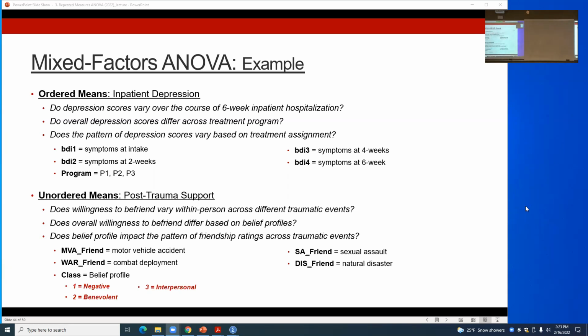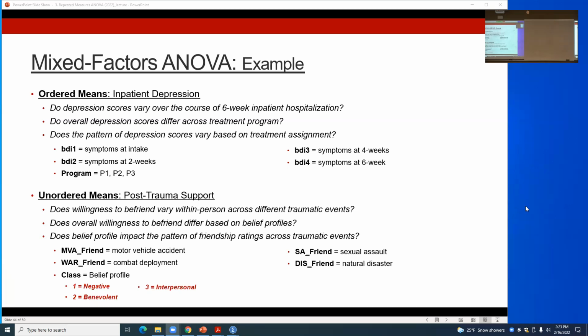So for the first question here that we're going to work on, remember we've got depression scores that we've measured from inpatient clients over the course of a 6-week hospitalization. We have scores at intake, 2 weeks, 4 weeks, and 6 weeks. And then what we're going to do now is add in 3 different treatment programs.